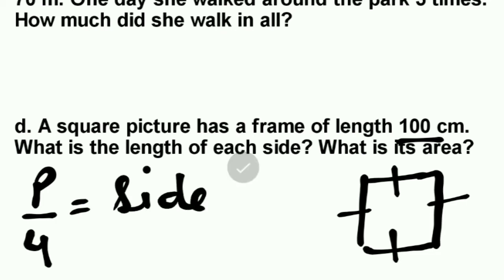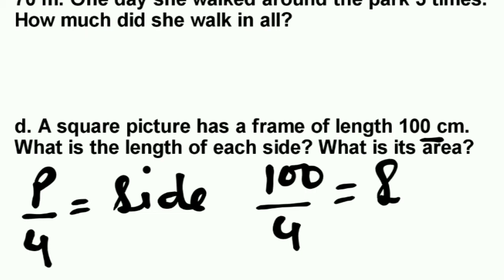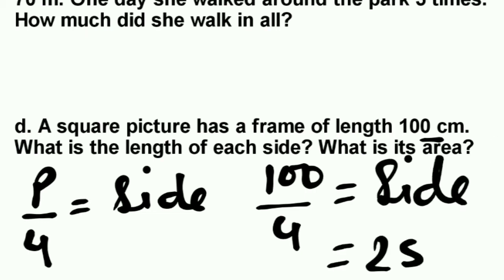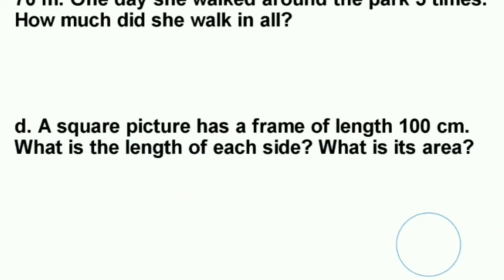Yes, in that previous one, so perimeter is given 100 upon 4 equals side, that will come 25 centimeter. After this we have to find the area also. How will we find the area? So area of a square is side into side.